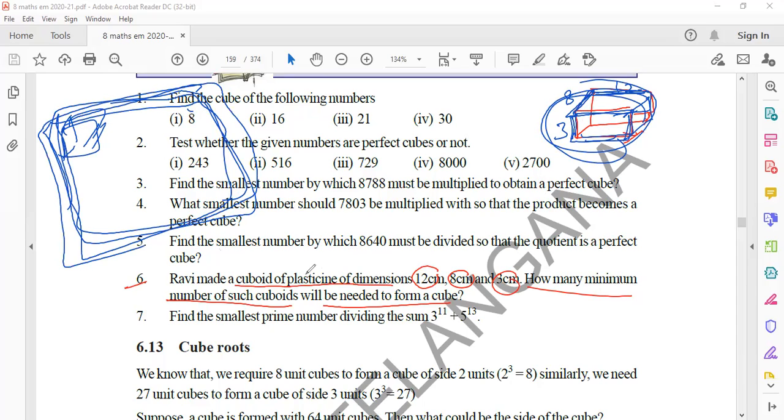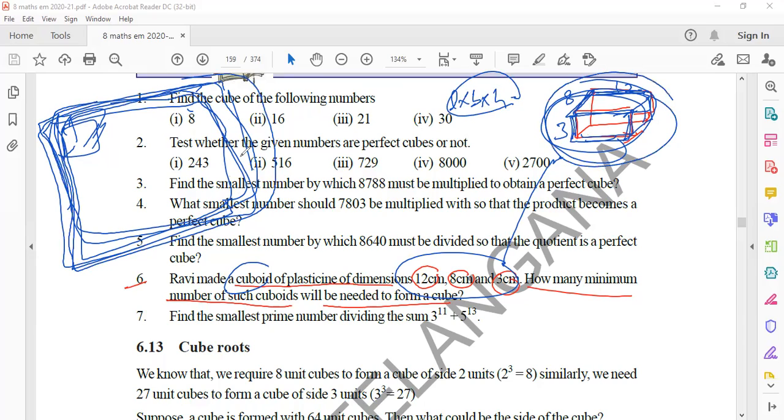We have the dimensions of one cuboid. It is not a cube, because length, breadth and height are different here. A cube means all sides are the same: length, height and breadth. So how many of these cuboids are required to look like a cube?